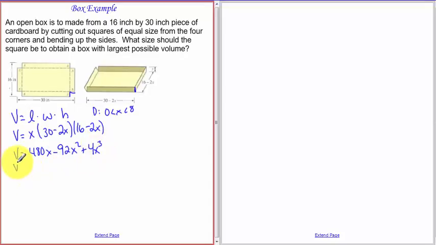Now we take our derivative of volume. Now set that derivative equal to 0. I'm going to factor out a common factor of 4.